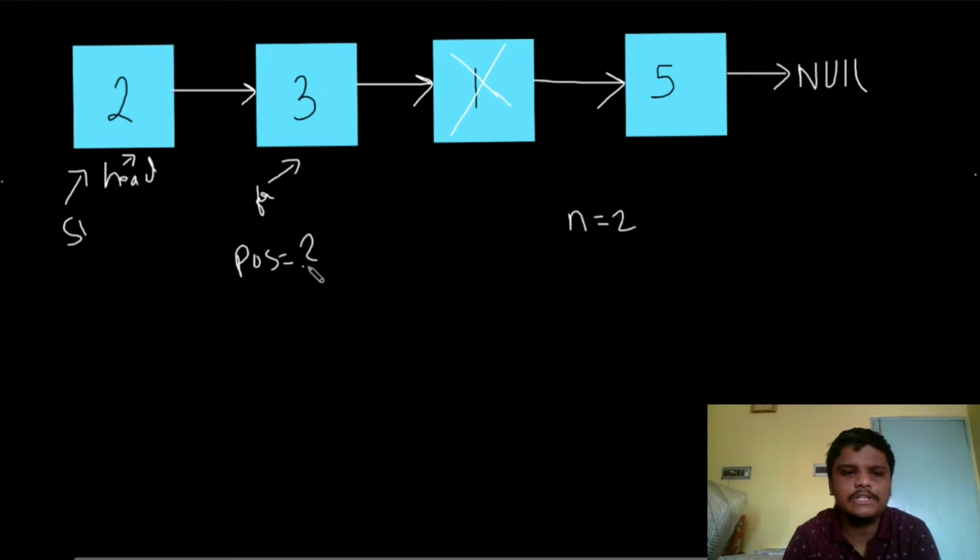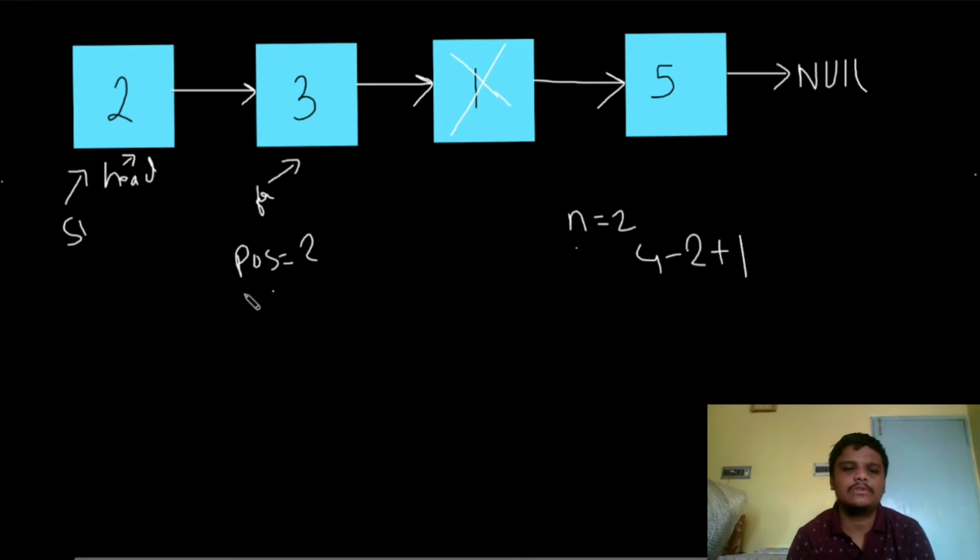Okay, so currently our pos is at position 2. We already have the length, which is actually 4. So we're going to subtract: 4 minus 2 plus 1. Through this we'll understand the position of this element from the first.